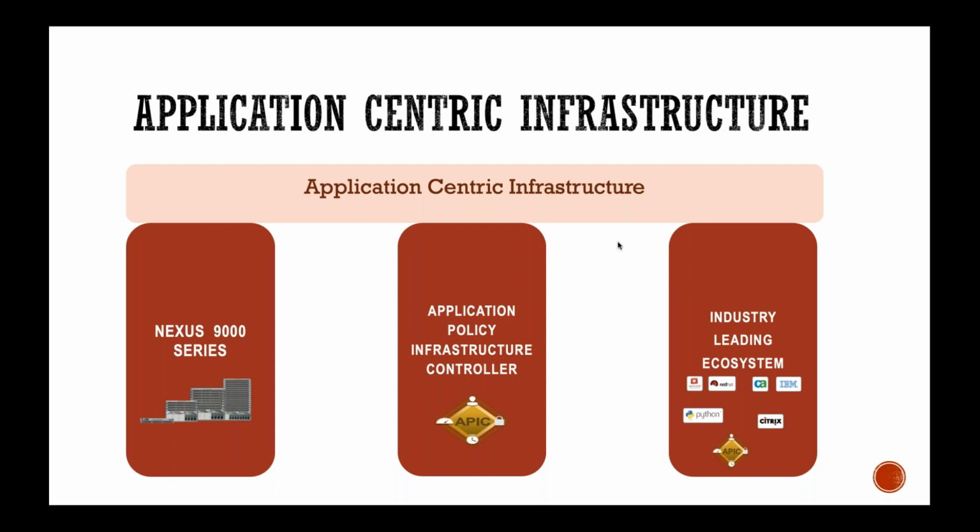In Nexus 9000 we have 9300s and 9500s, and some are used as spine, some are used as leaves. That is about the fabric architecture. I'm not going into it right now. Then second is the Application Policy Infrastructure Controller, which is known as the APIC controller. The APIC controller works in a cluster of three controllers.